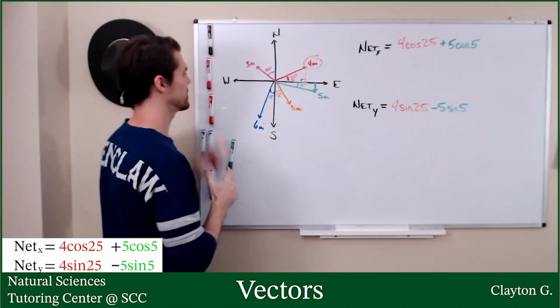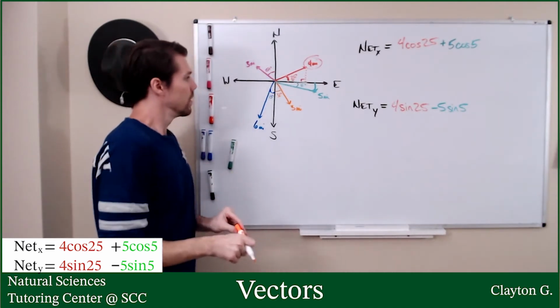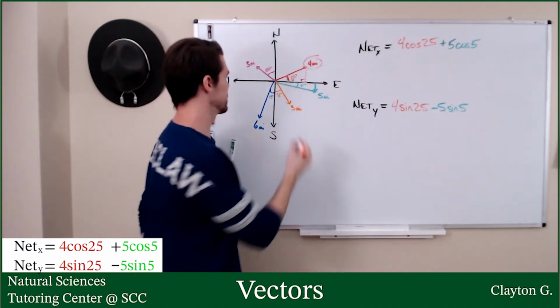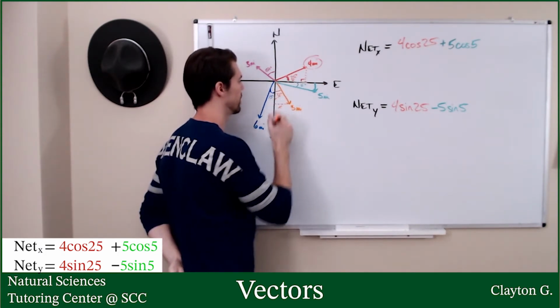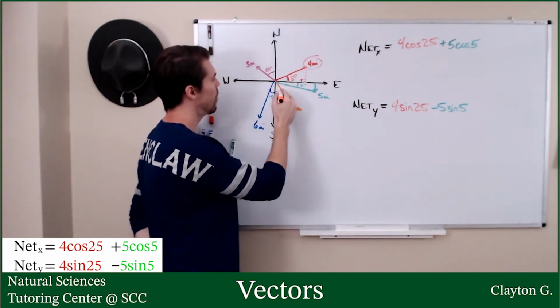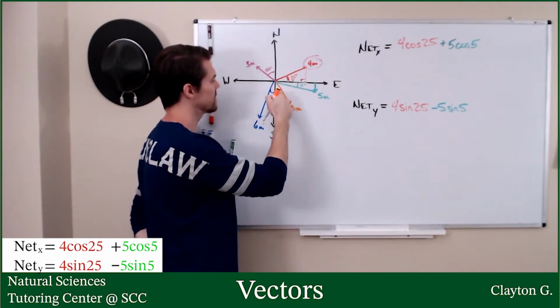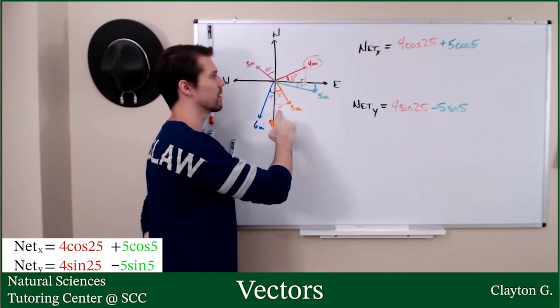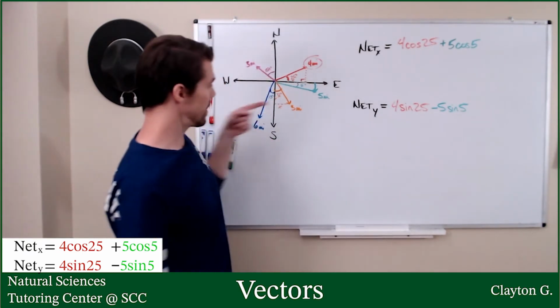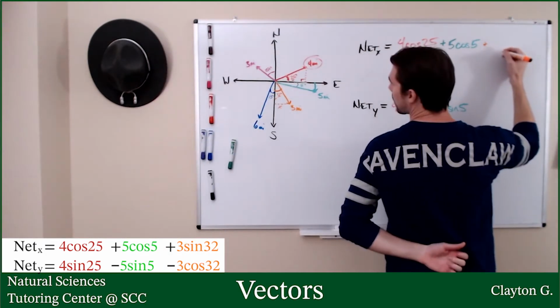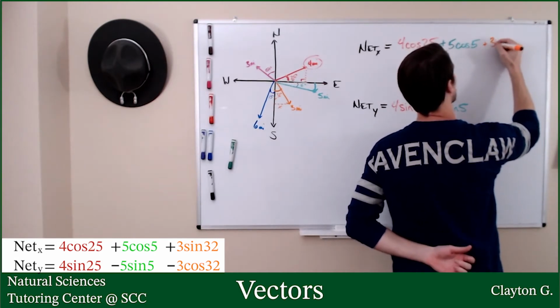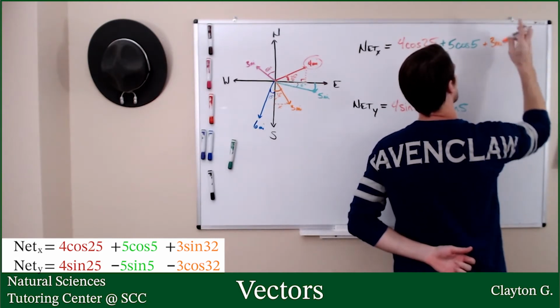Our orange one is next. Let's see here. This is our x portion right here, there's x, there's y. Now our reference angle says that we want the sine here. And again, this is to the right, so this is positive. So plus 3 sine 32 degrees. I'm not going to write miles.